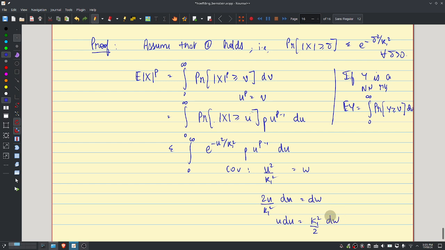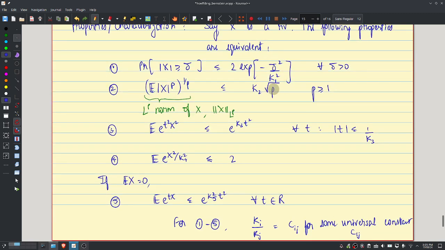Sorry, why do I need to? Okay. That integral is a constant, but the integral is a constant that depends on p. So two things. One is, this depends on p. I need to find the exact dependence on the right hand side on p. I need to show that this essentially behaves like root p whole raised to p.